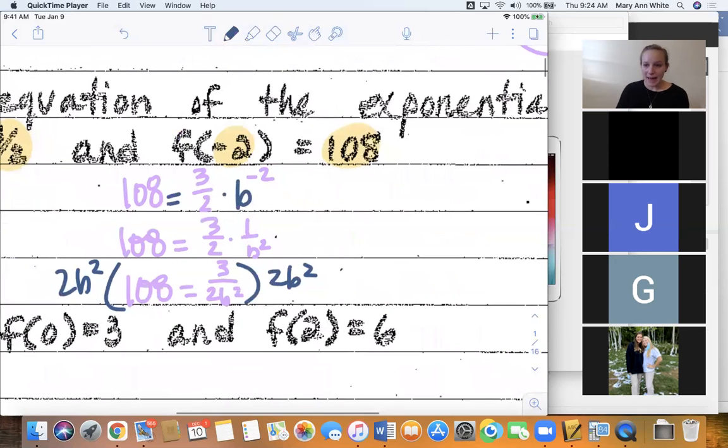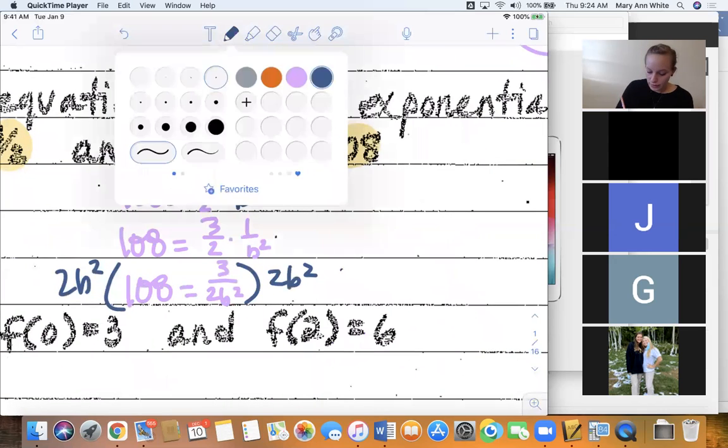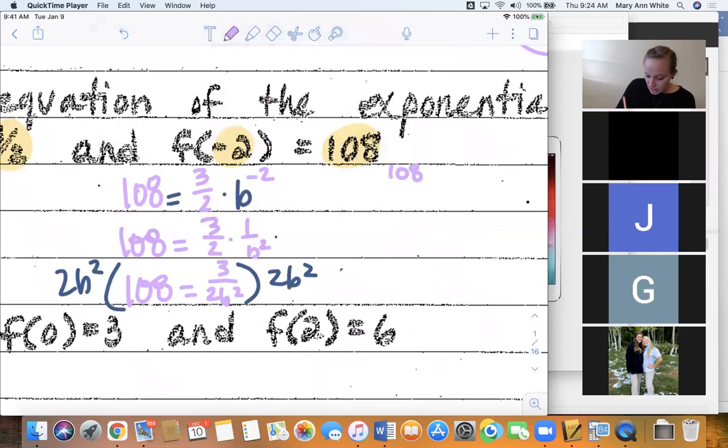It's the same math, so it's not incorrect one way or the other. Some of us like to do cross multiplication because it's a little more obvious, but at the end of the day, we're still going to get the same thing, whether you multiply by 2b squared on both sides or cross multiply. I'm going to get 3 equals whatever 108 times 2 is, which is 216 b squared.